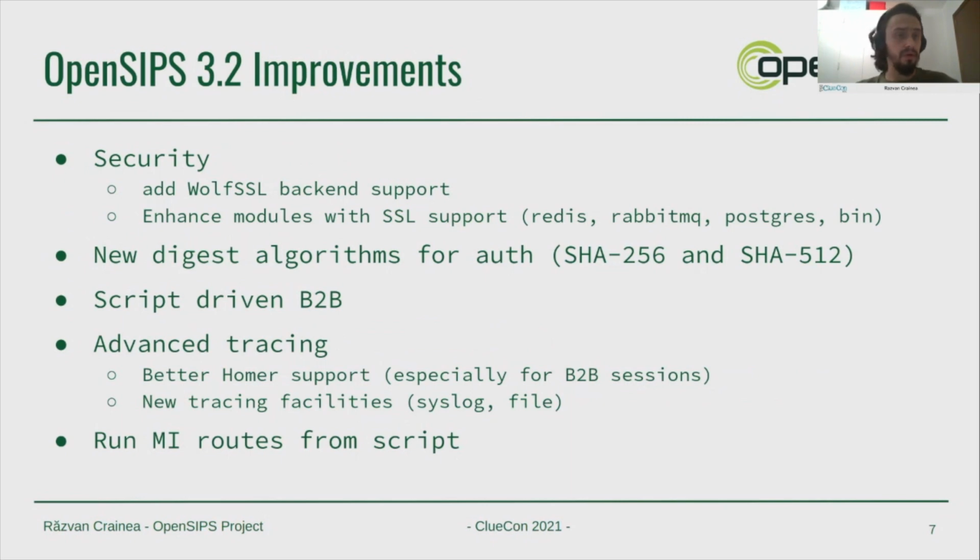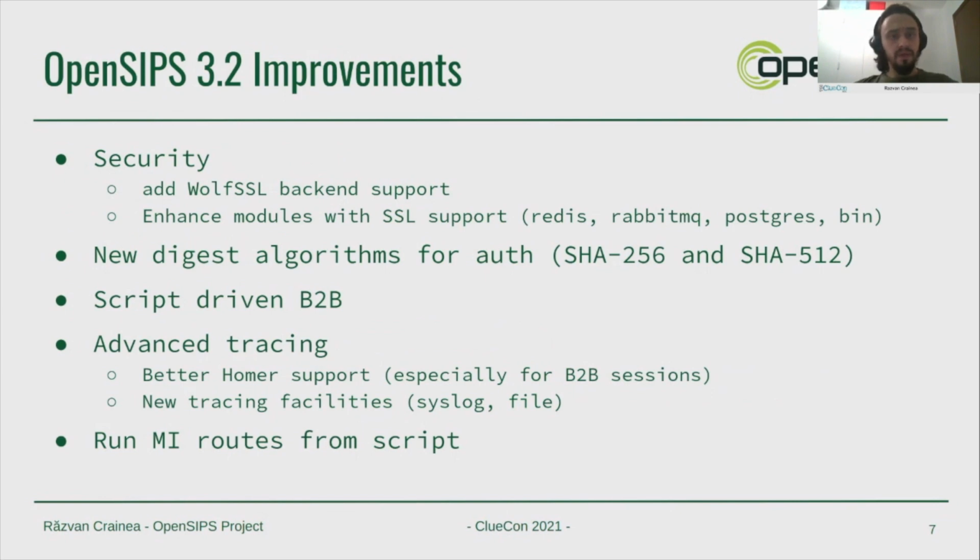Of course, you will also be able to use OpenSSL, but due to some internal limitations, we had to decrease the efficiency of the module. That's why we added WolfSSL, which gives us the same flexibility that OpenSSL offered us a few versions back.